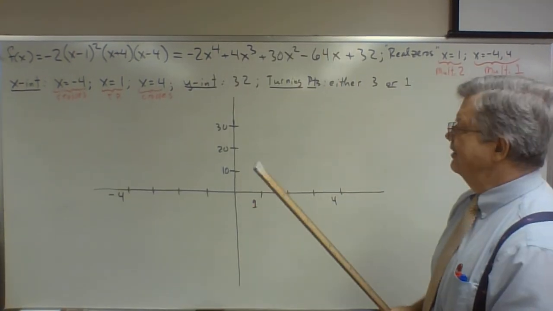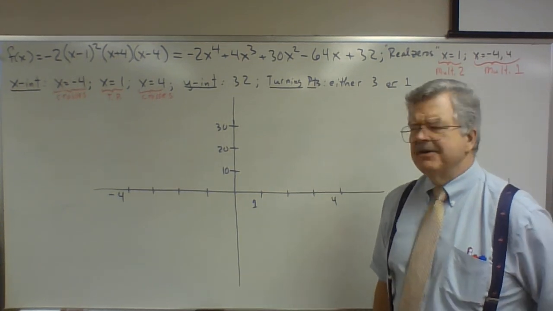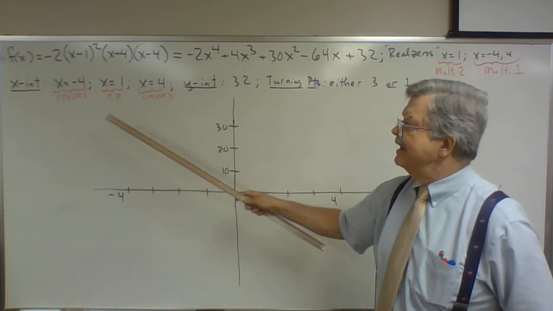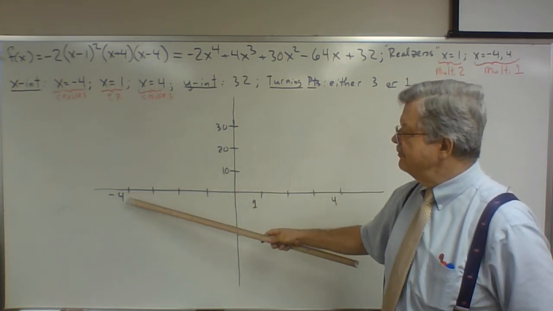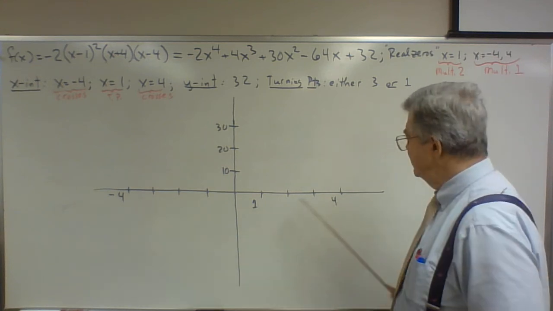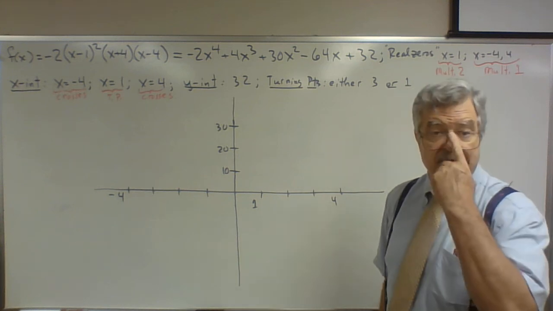Let's graph this thing. I have a rather unusual scale for the graph. Our x-intercepts lie between negative 4 and positive 4, so I have negative 4 and positive 4 be increment markings on the graph.